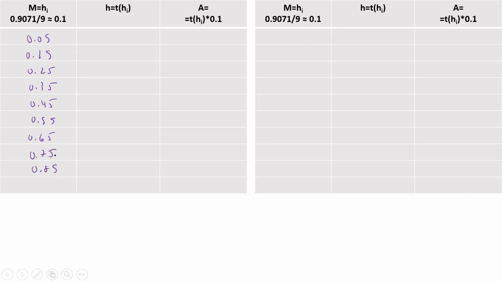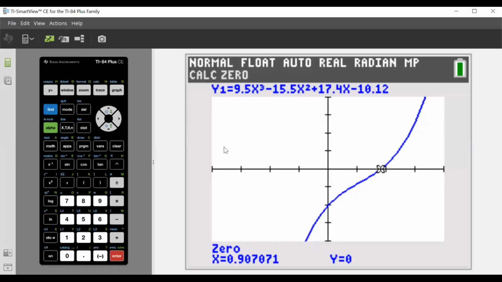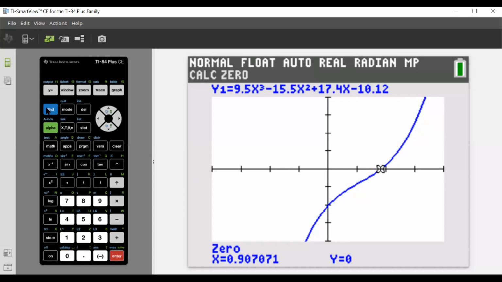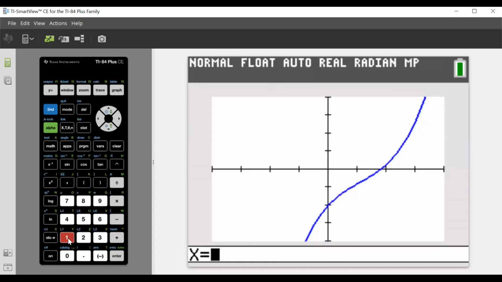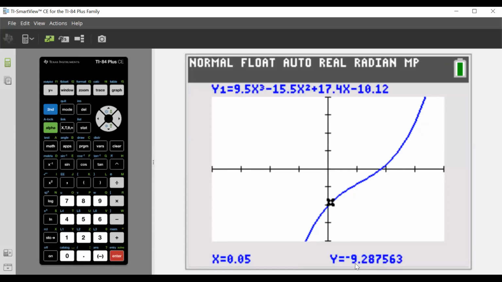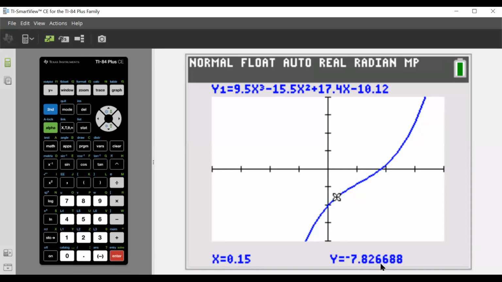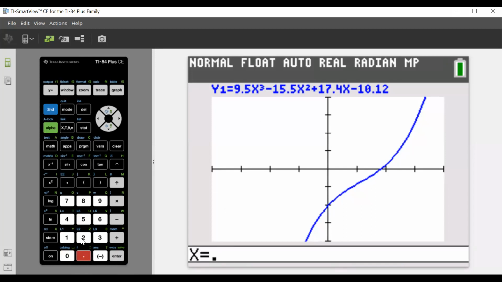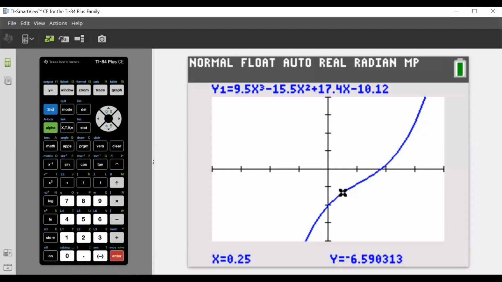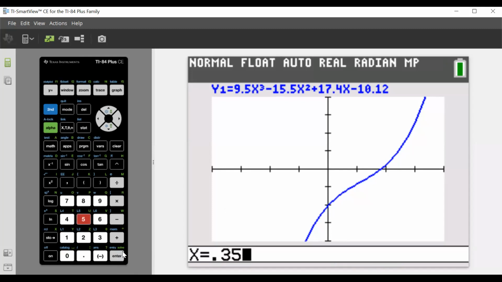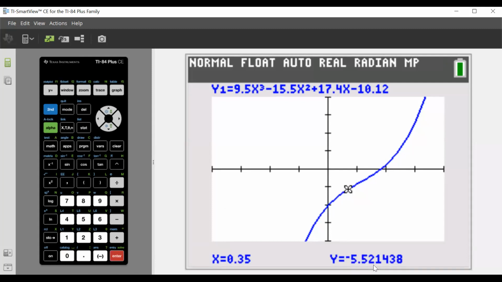All right, now we have to figure out our heights. And so that means we go back to our calculator and we write all these down. So we have to basically do our second trace again and enter a value, and we go down our list. So we're going to do 0.05. And we get negative 9.2876. And then we do our 0.15, and we get negative 7.8267. Okay. And then 0.25, and we get negative 6.5903. And then 0.35, negative 5.5214.